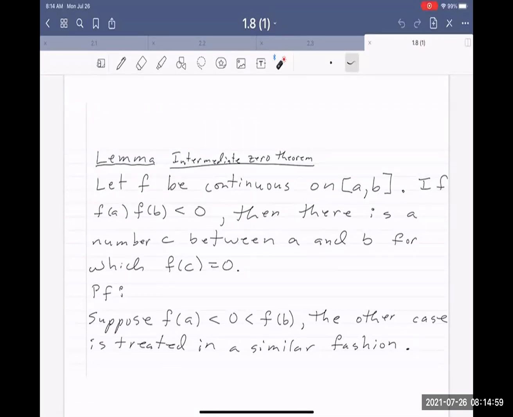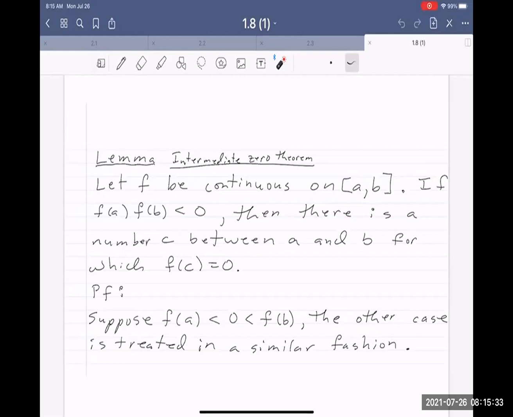By the way, if your function is a polynomial, then where it crosses the x-axis, we'll call that a root of your polynomial. If f is a function, we'll say that that is a zero of your function, or we'll call it an x-intercept. The set of all zeros of your function will be called the kernel of your function.